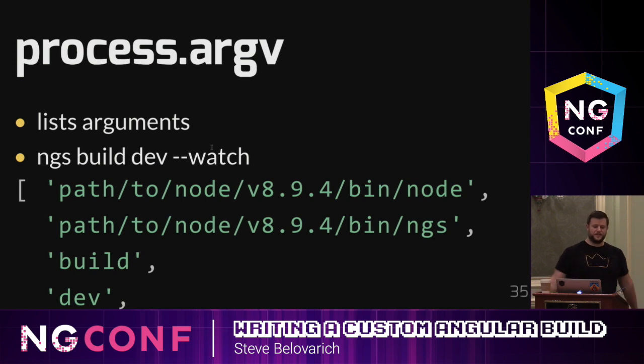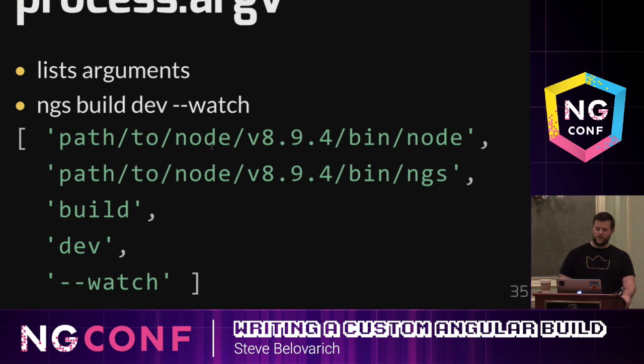The process object has a property on it called argv, which lists the arguments in an array that the user types in the terminal. So when we run the command we're going to use today, ngs build dev with the watch flag, this is what process.argv would print if we were to log it.